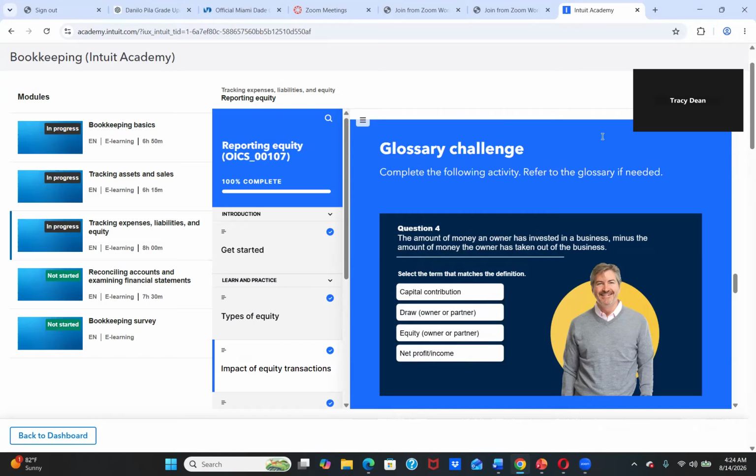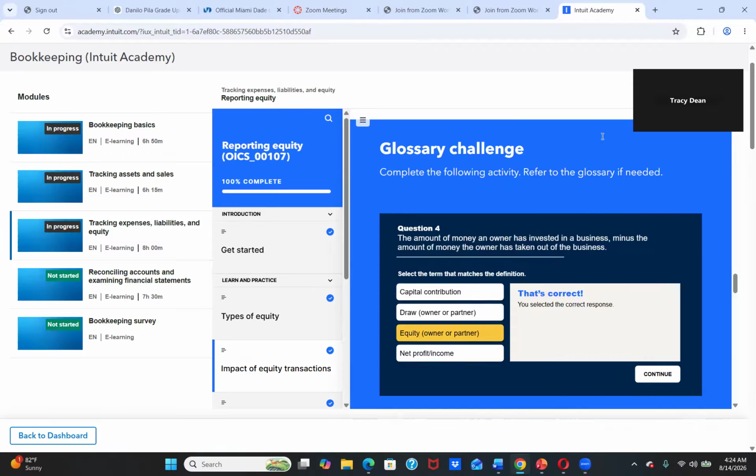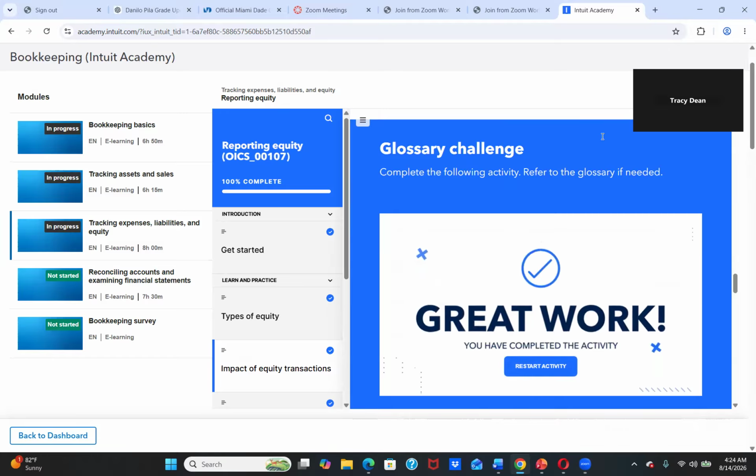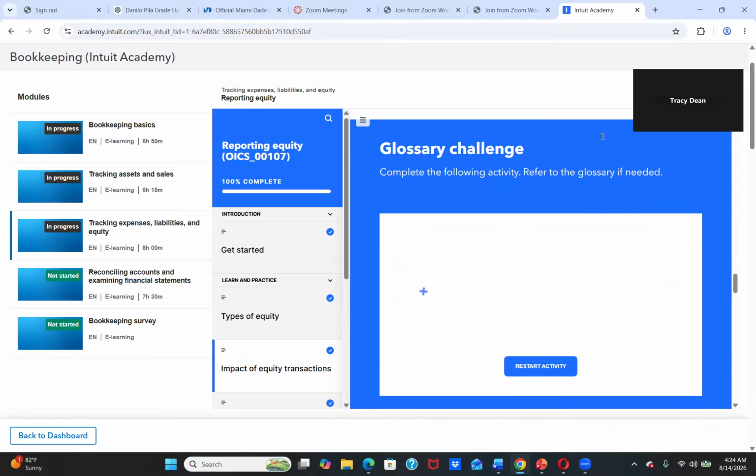So when they take it out, it's called a draw. So they invest it. Now they have taken out money. What is the difference of those two called? It is called the equity. So we have finished under that section.